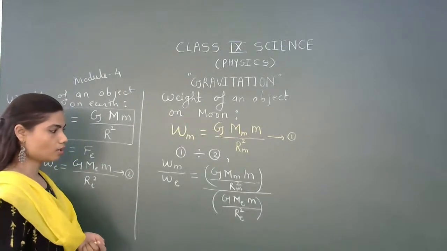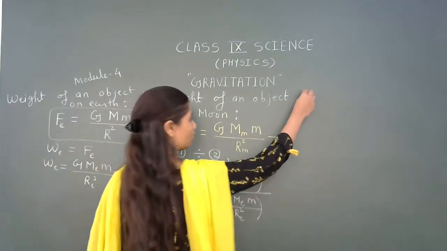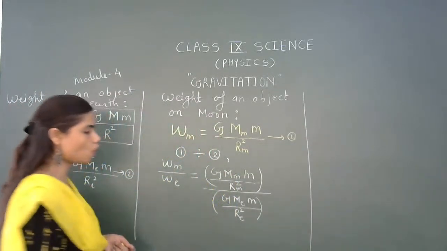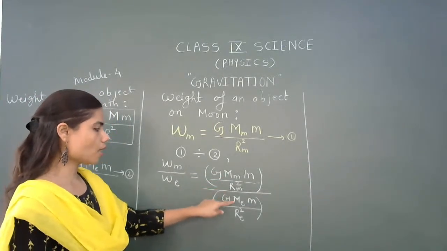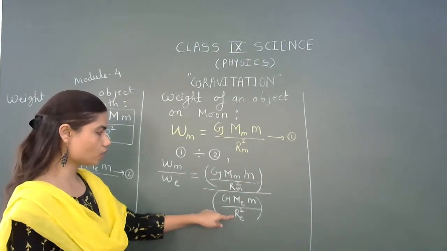Now we can put in the values of the mass of the moon, radius of the moon, mass of the Earth, and radius of the Earth.